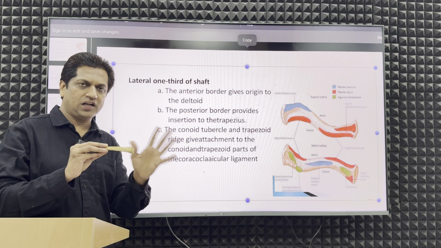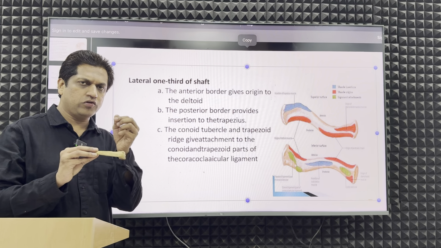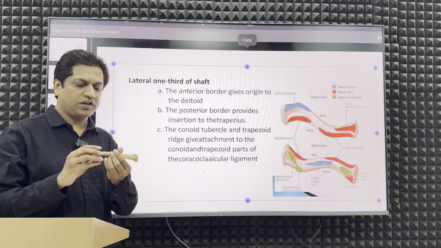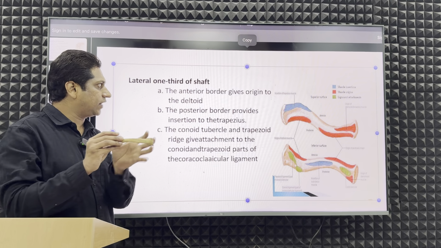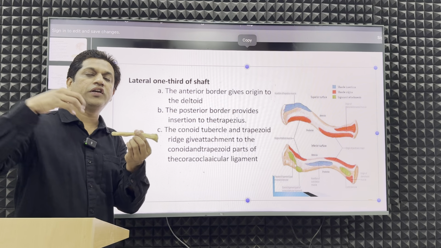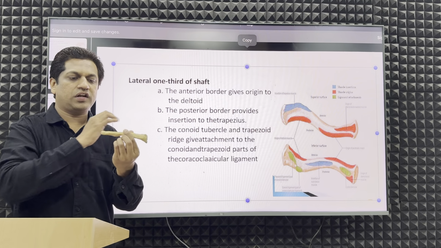We will study the lateral and medial attachments, and I will give a mnemonic for the 5 important muscles you need to remember. Let us first see the important muscles attached to the lateral third of the shaft. The anterior border gives origin to the deltoid muscle, where usually intramuscular injections are given.